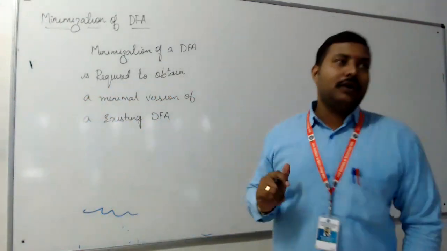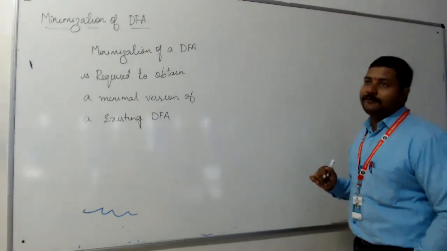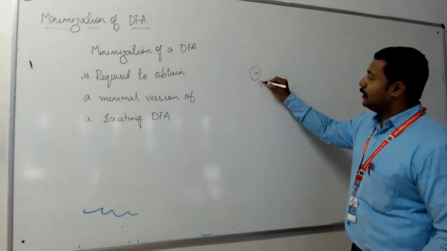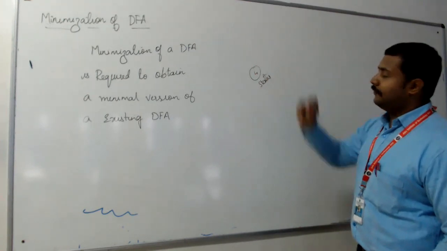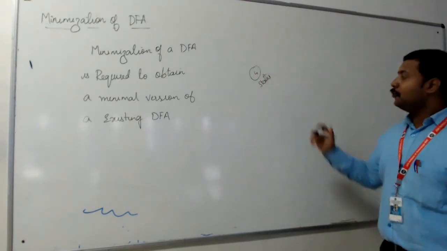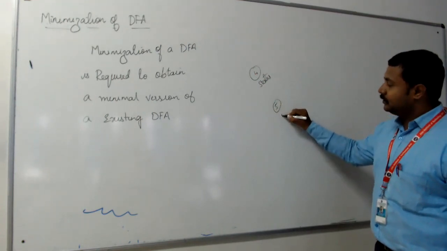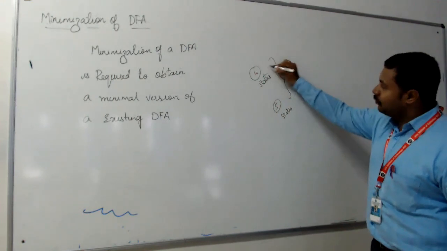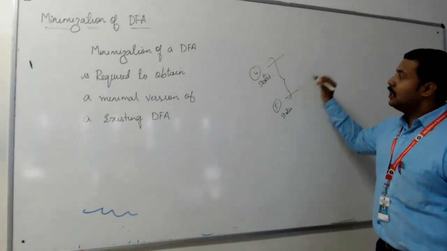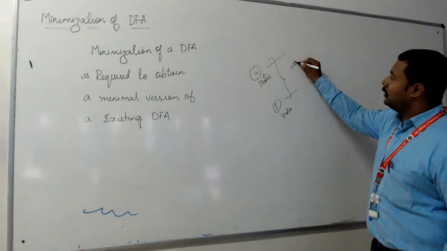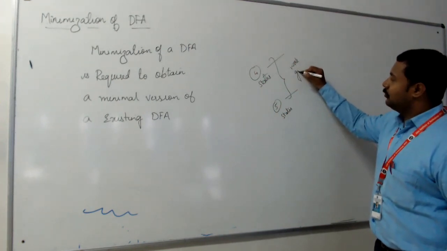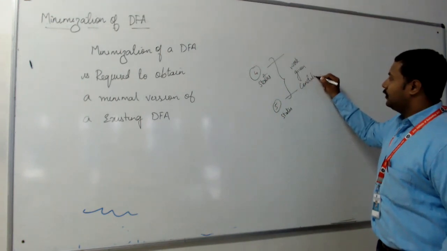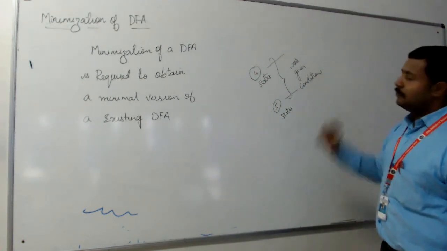If I give one problem and you design a DFA for that, few of you may get 4 different states for that particular DFA, and few of you may get 5 states, and both the DFAs with 4 states as well as 5 states will work for all the given conditions perfectly.